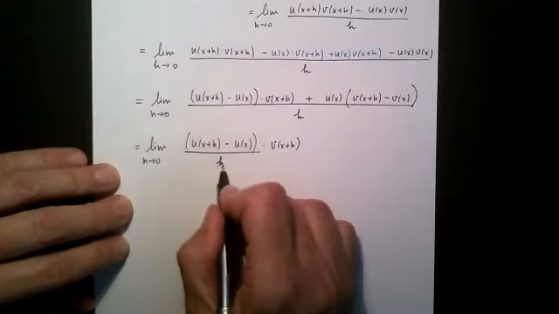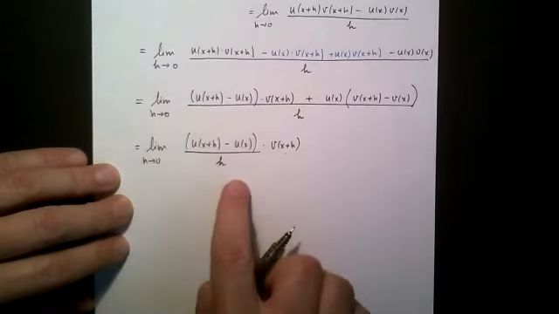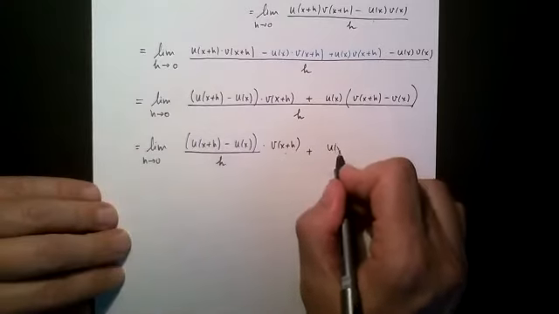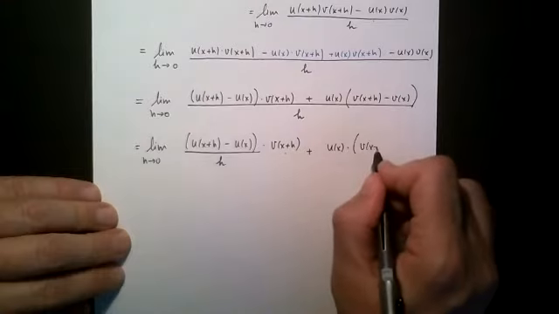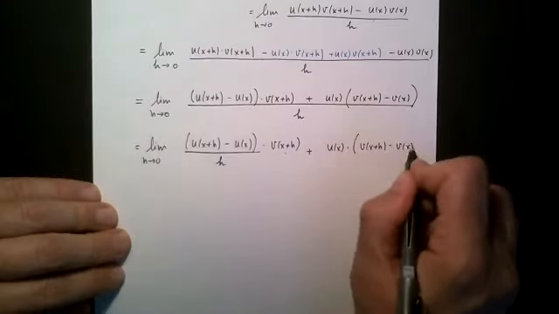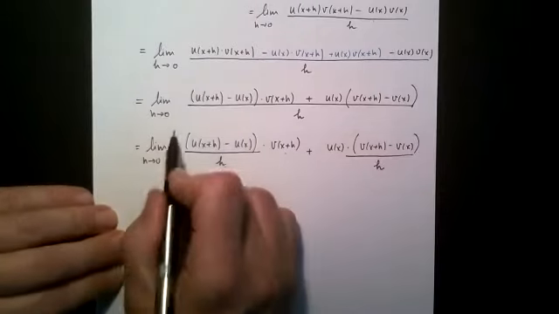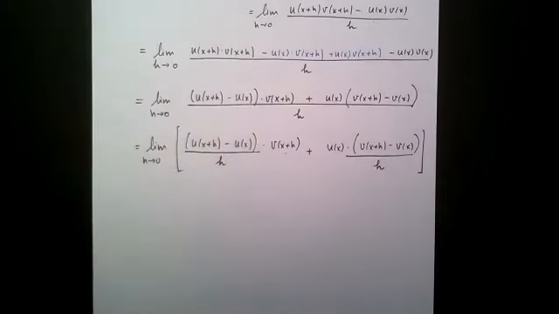I'm just going to put this one over h, it doesn't matter, as long as you write the h once. Plus, same thing here, u of x times v of x plus h minus v of x, all over h. So this is the limit of all this. Any questions?